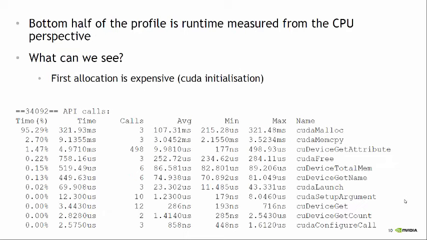What's going on here is a similar thing to what some of you may have seen yesterday, where the first CUDA API call will initialize the CUDA context. And that initialization takes some time. So we have one CUDA malloc taking about 321 milliseconds, and you can see that the average, however, is 107 milliseconds, and there's 3.